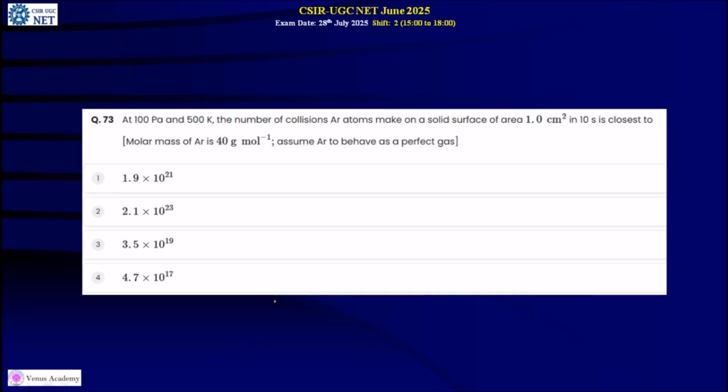Next, question number 73, at 100 Pa and 500 K, the number of collisions argon atoms make on a solid surface of area 1.0 centimeter square in 10 seconds is closest to, molar mass of argon is 40 grams per mole. Assume argon to behave as a perfect gas. So option number 4 is the correct option, students.